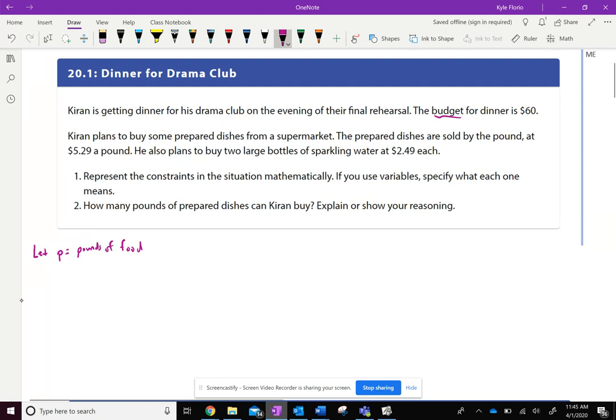And we know that we have a $5.29 cost per pound of prepared dishes. And there are two sparkling waters, so it's $2.49 each when we're going to have two of them. And the budget is 60, so that tells me that this quantity can't exceed 60, it has to be less than or equal to 60. So that's good for number one.